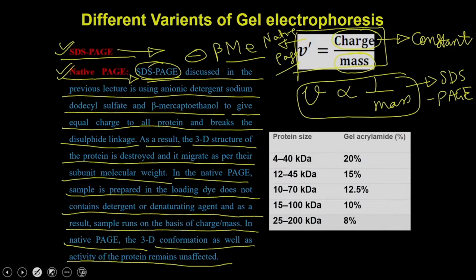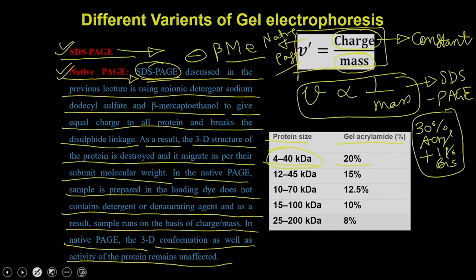Apart from that, if you see the protein size and what kind of gel you have to use for better resolution and separation: if you have a very small molecular weight, for example a 4 to 40 kDa protein, you can use the 20% gel, which means you have prepared a 30% acrylamide solution containing 1% cross-linking agent, the bisacrylamide.